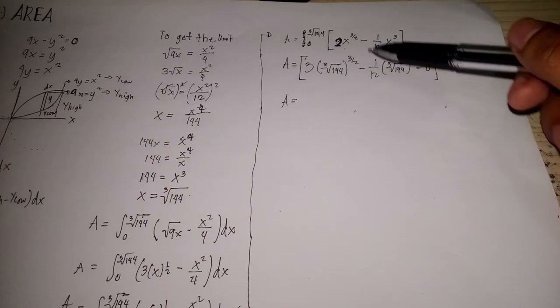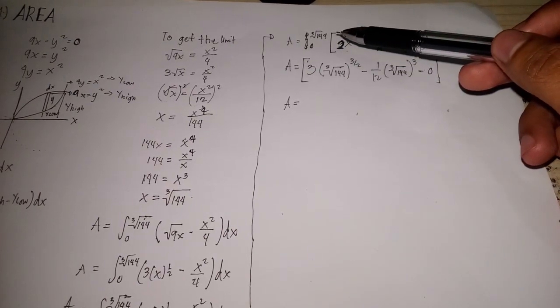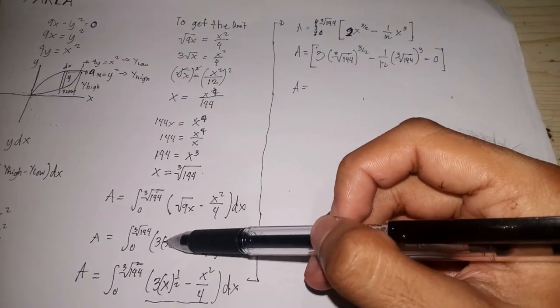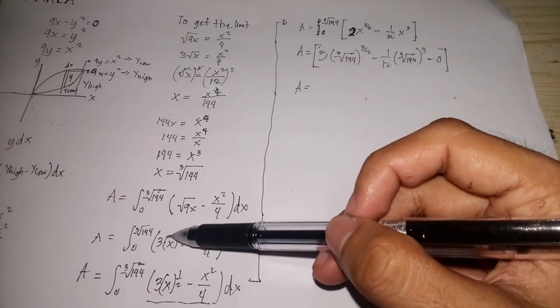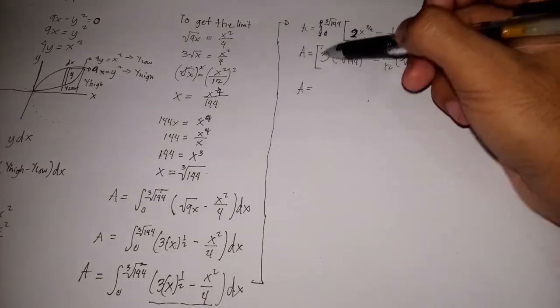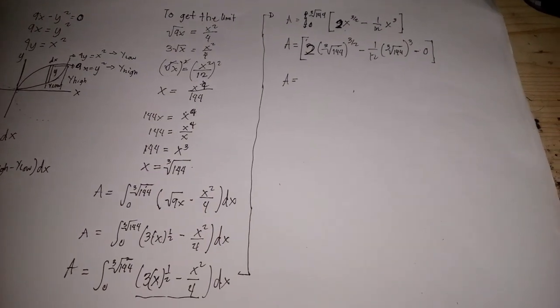So we move 2 to the numerator, so this 2 will multiply to 3, therefore 6, then over 3 this will become 2. I'm sorry, so this is 2 actually.